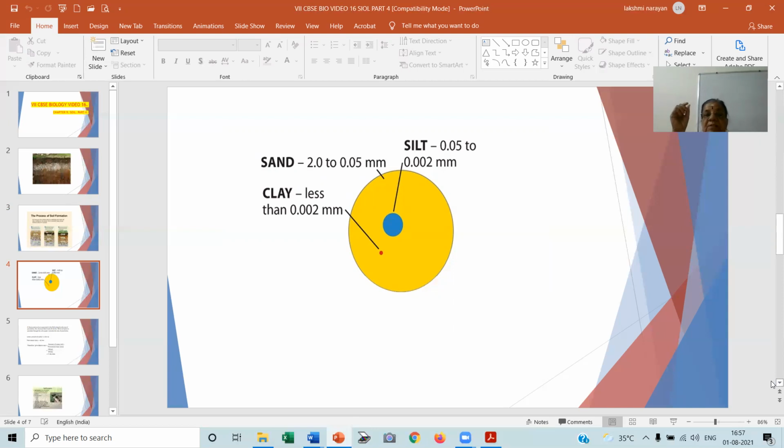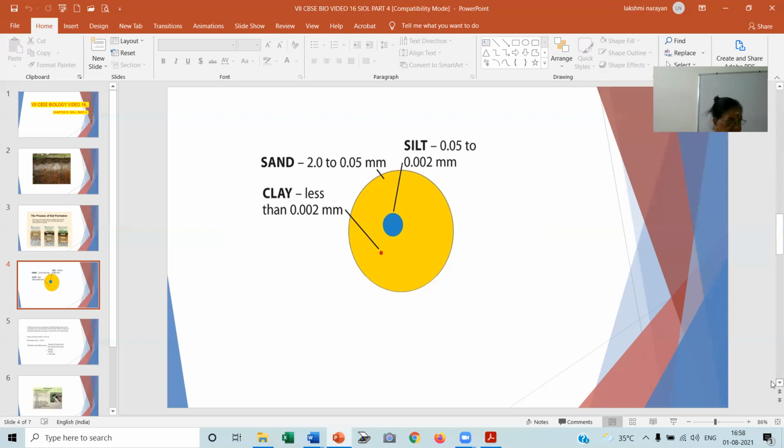Whereas silt is 0.05 to 0.002 mm. So the silt is in between, a medium between sandy soil and clay. So that is forming the types of soil.